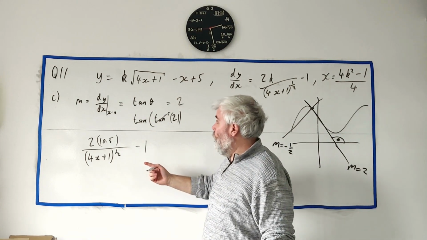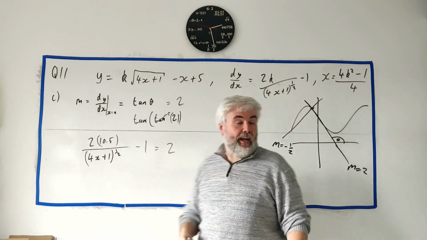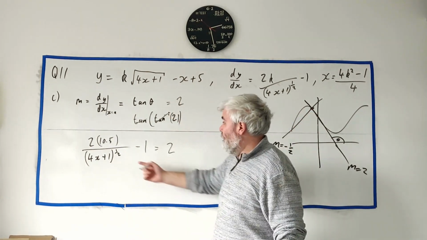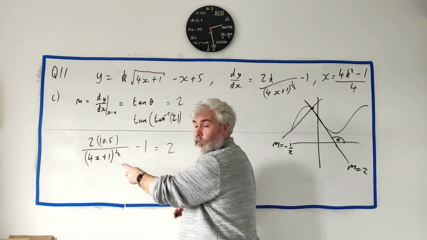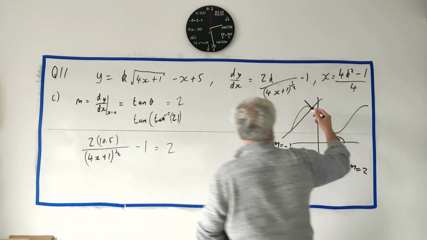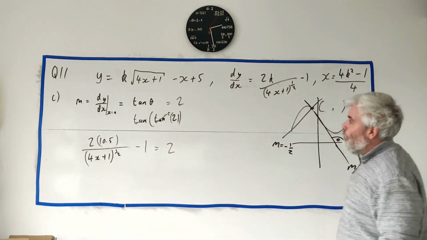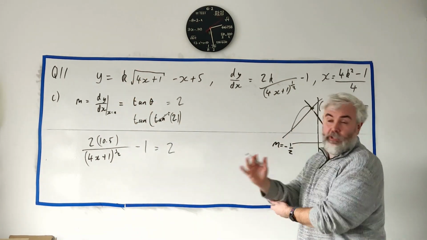But we also know dy/dx is equal to 2 at the point we're interested in. Look, there's no k, we can solve this. We can find x. We can find this point here. We can find the x point. And once we have the x, we can find the y. And that's how we do this question.